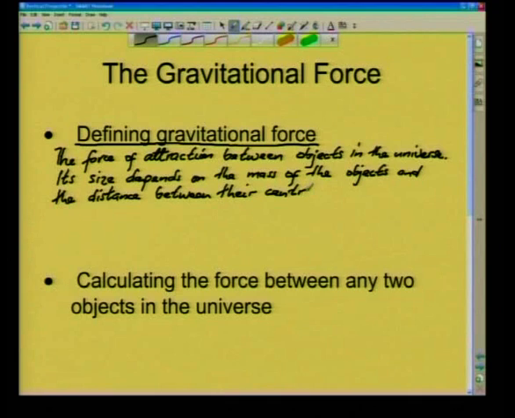Now, when we are looking at big objects like the Earth, the planets, Mercury, or the Sun, we're talking about massive objects. But if we talk about small objects on Earth, for example, myself or a box lying on the surface of the Earth, there is an attraction between that box and the Earth, and that is the force of gravity.